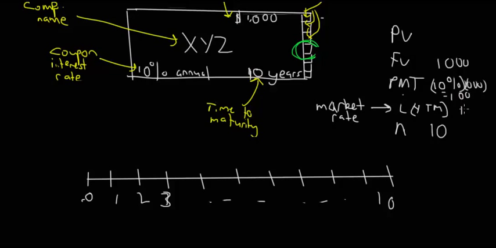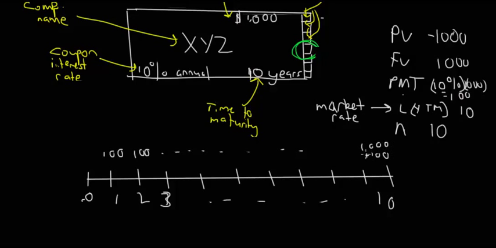So it has a 10% rate. And now if you put the math into your financial calculator, the present value will come out at negative 1,000. So if you plot that on the timeline, essentially it's paying you $100 every single period. Even in the final period it's paying you $100, but in the final period there's a future value of 1,000. It's also paying you 1,000.